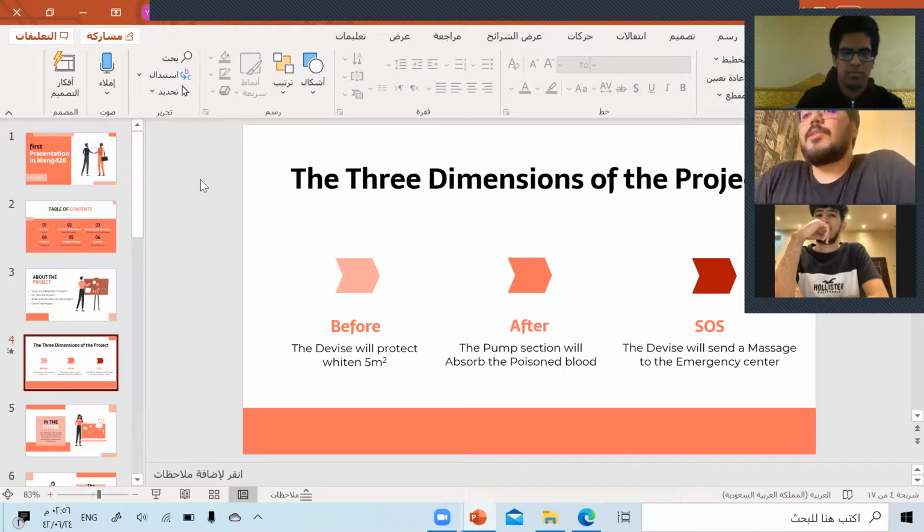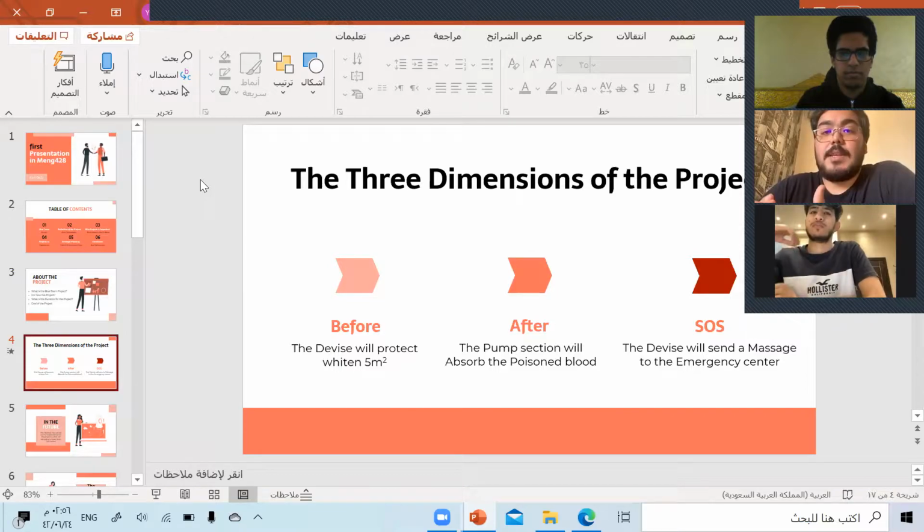The 3 dimensions of our project. When we got the idea of the snake blocker, we had only 1 dimension, which is before getting attacked. But we found that, what if the snake blocker broke or didn't work well? So we came up with an idea, which is the 2nd dimension.